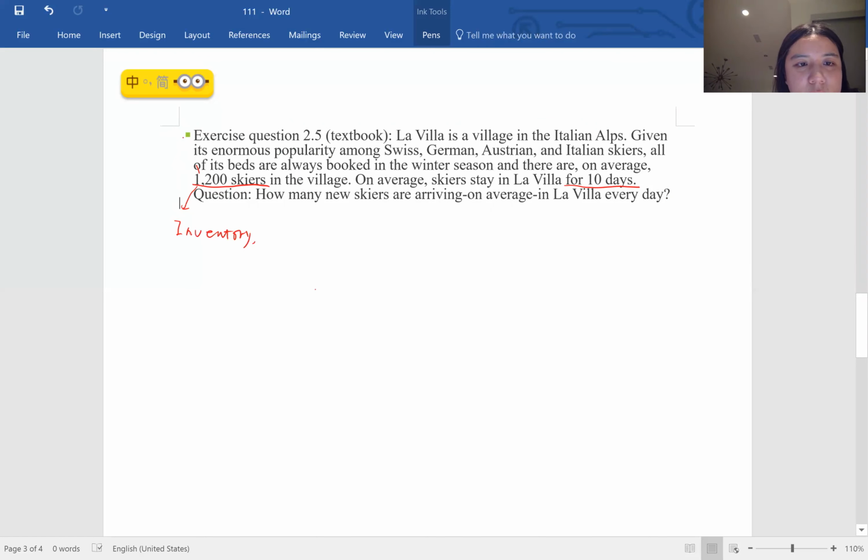On average, skiers stay in La Villa for 10 days, and this can be treated as the flow time.